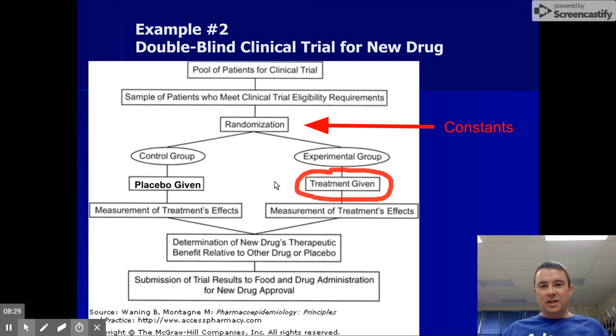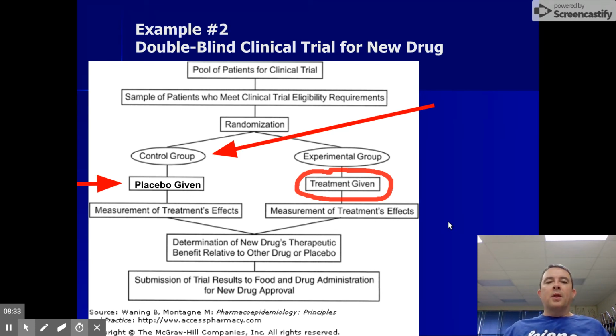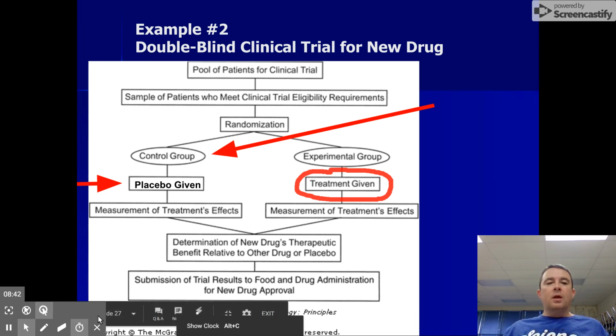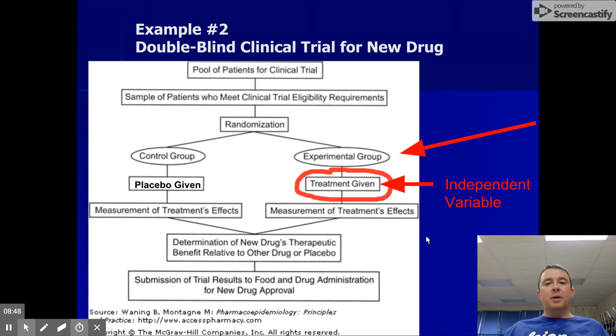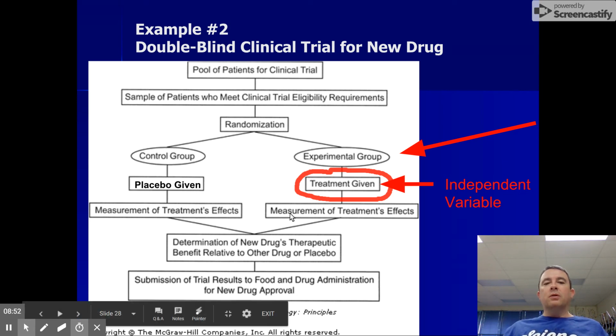Now, somebody obviously knows. Somebody's keeping up with it. But the idea is we would have a control group that receives a placebo each day, and then we would have an experimental group which receives the independent variable, which in this case is the cancer drug. And we're going to measure the effects.